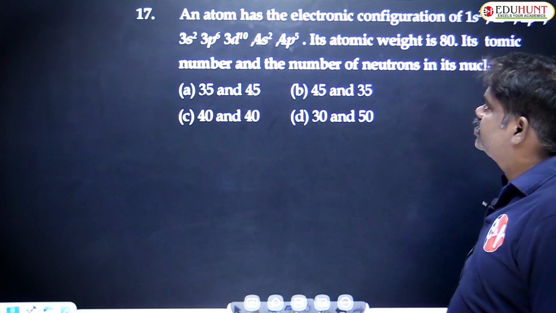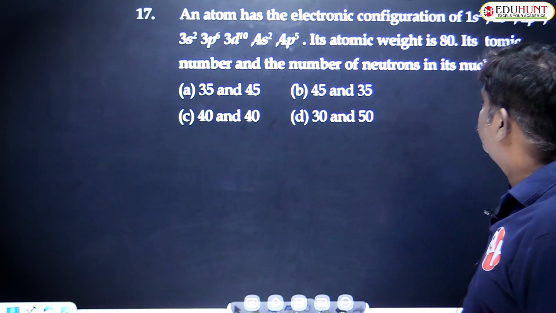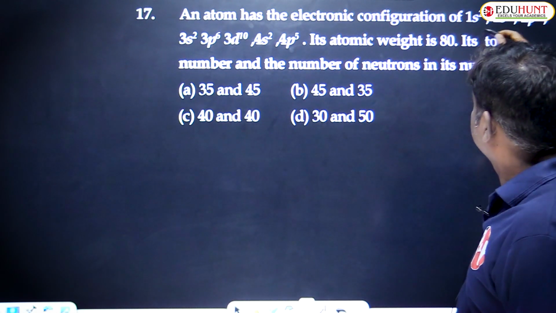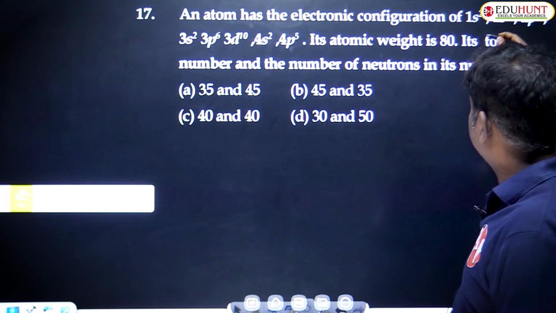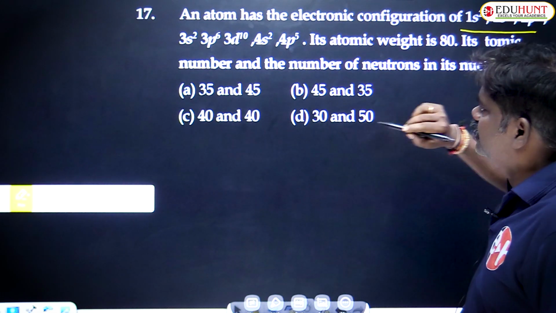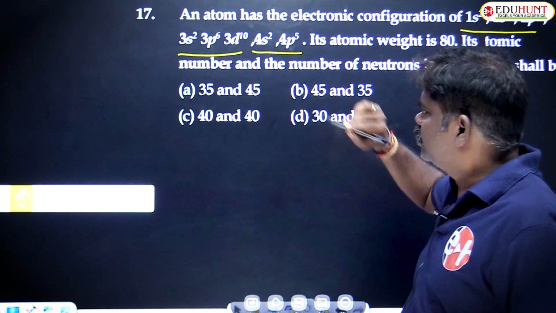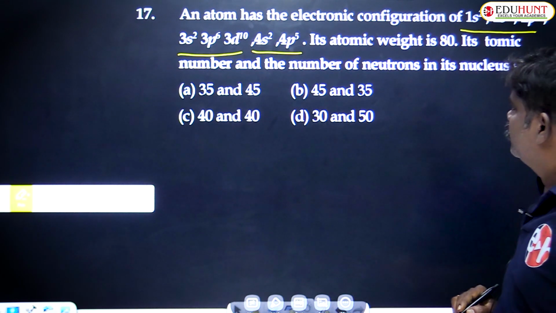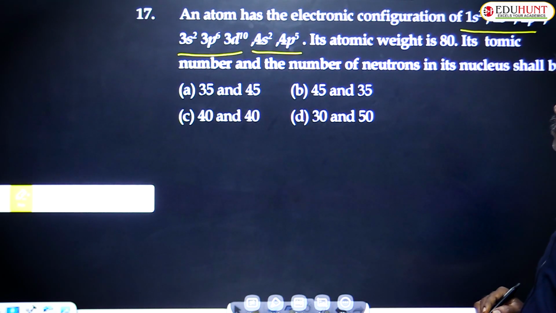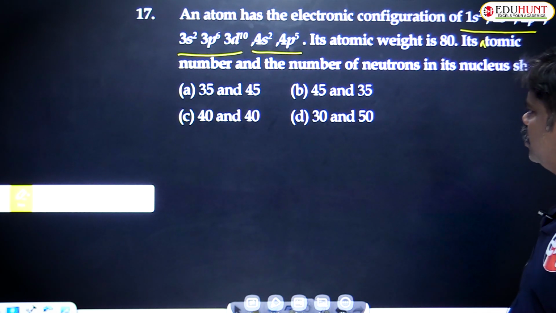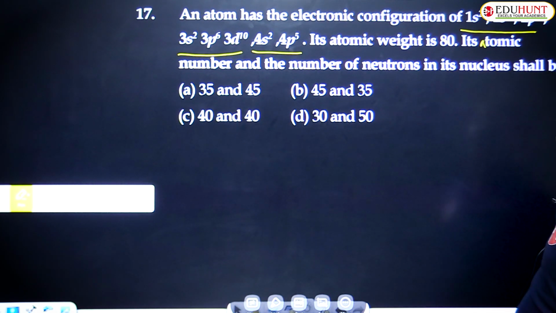An atom has electronic configuration of 1s2, 2s2, 2p6, 3s2, 3p6, 3d10, and 4s2, 4p5. Its atomic weight is 80. Find its atomic number and number of neutrons in its nucleus.